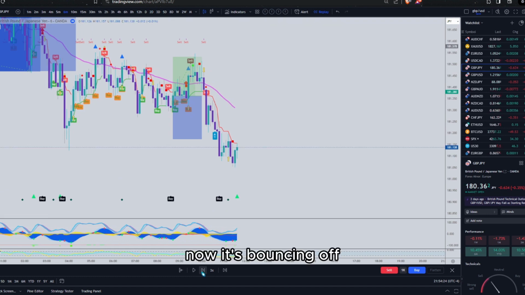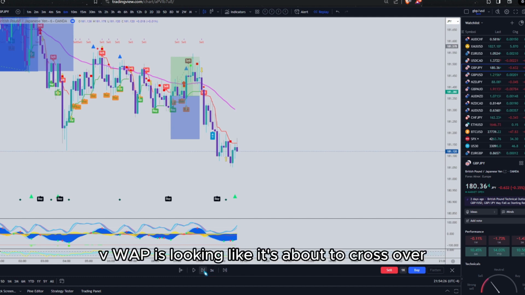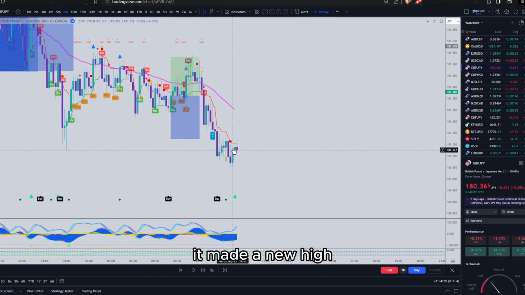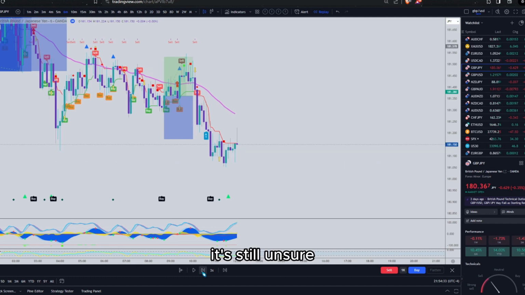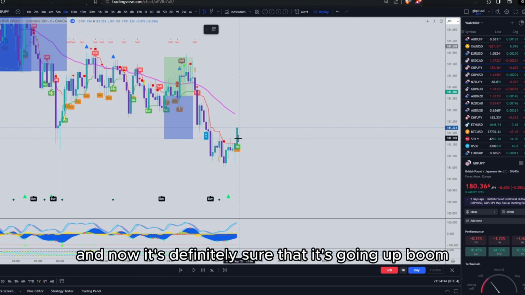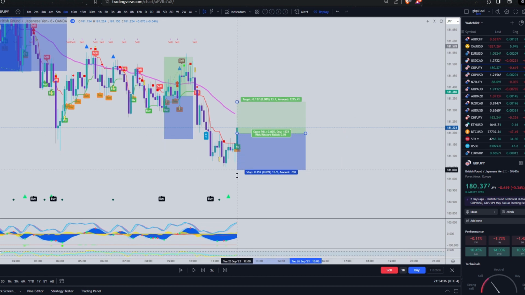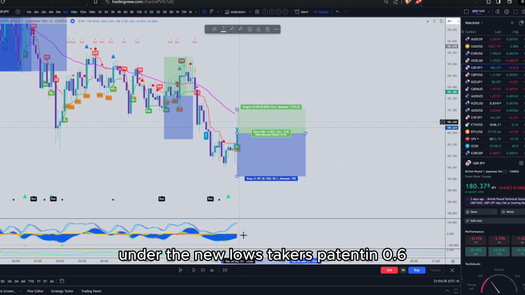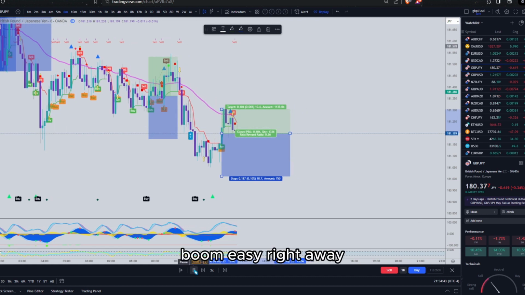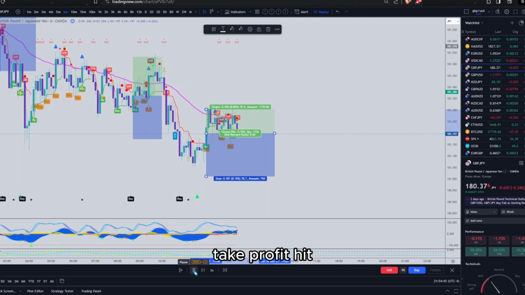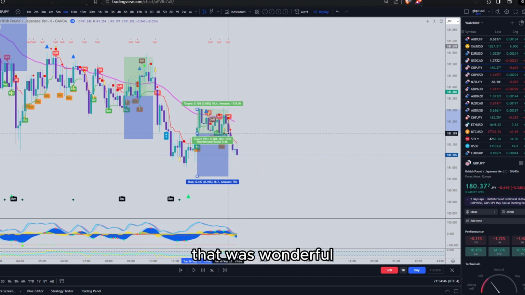Now it's bouncing off. VWAP is looking like it's about to cross over. It made a new high. It's still unsure, and now it's definitely sure that it's going up. Boom. Under the new lows, take our patented 0.6. Boom, easy, right away. Take profit hit. That was wonderful.